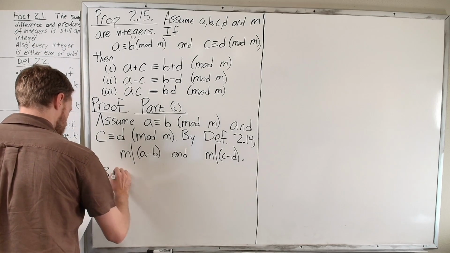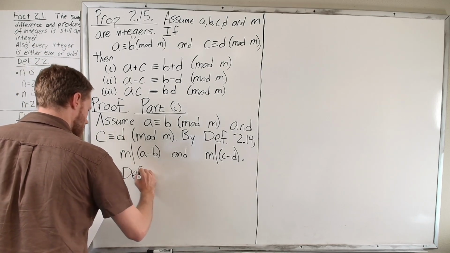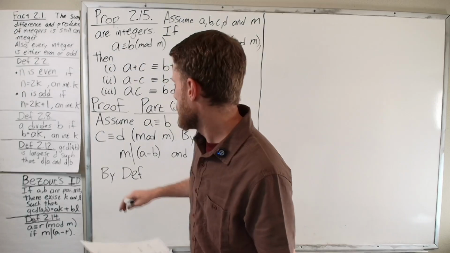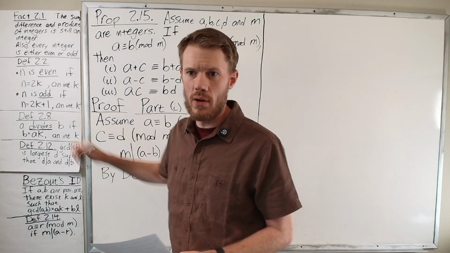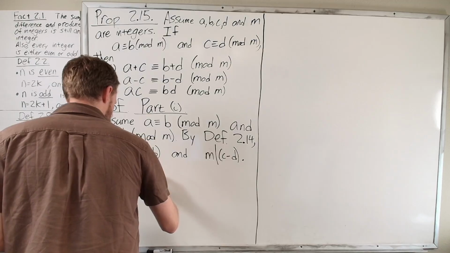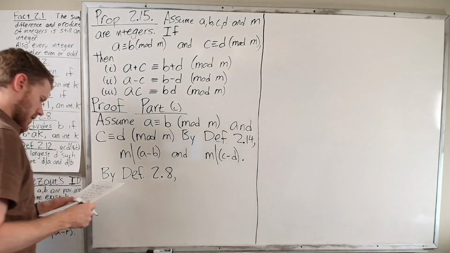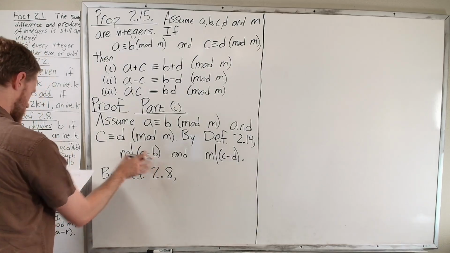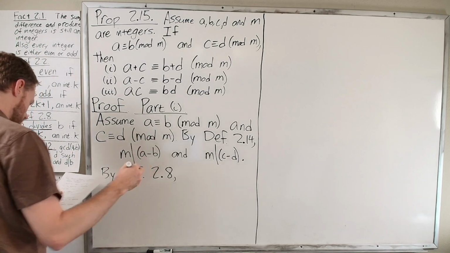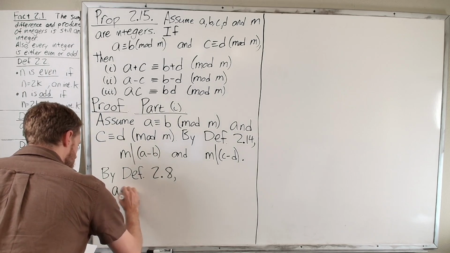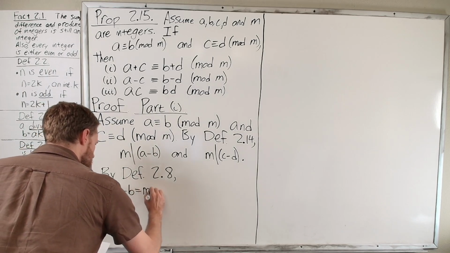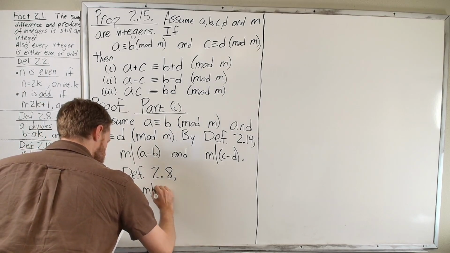So, by the definition of divisibility, which you could just write like that, or you could use the number 2.8. By definition 2.8, M dividing A minus B has a meaning. It means that A minus B is equal to M times some integer k.